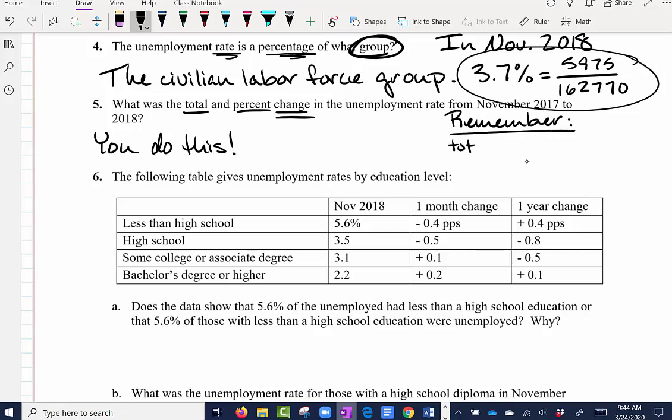Total change is your new amount minus your original amount. In this case, the new amount will be in 2018 and the original amount will be the 2017 amount. So you have to go look up those unemployment rate values and subtract them.